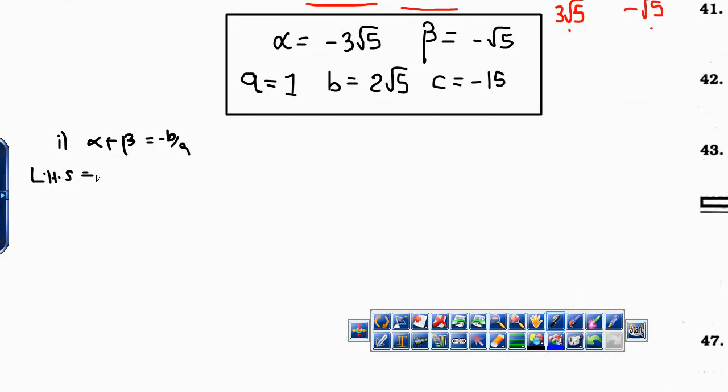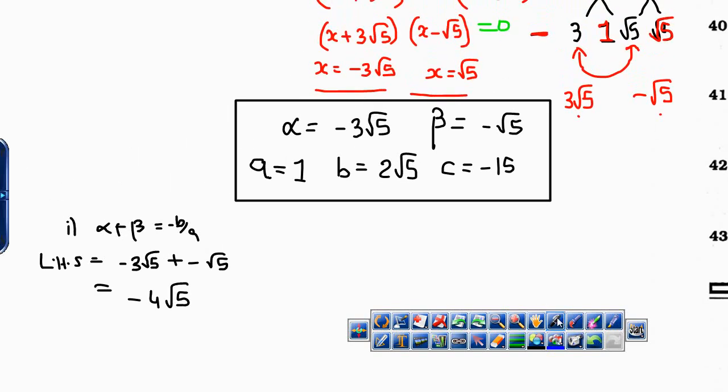Left hand side is alpha plus beta, minus 4 root 5. There is a mistake in this alpha beta, here is the mistake. What is the mistake? Alpha is minus 3 root 5, and beta I took as minus root 5, but this minus will not come. Beta is root 5, so the minus won't come. Therefore minus 3 root 5 plus root 5 is minus 2 root 5, and RHS minus b by a.